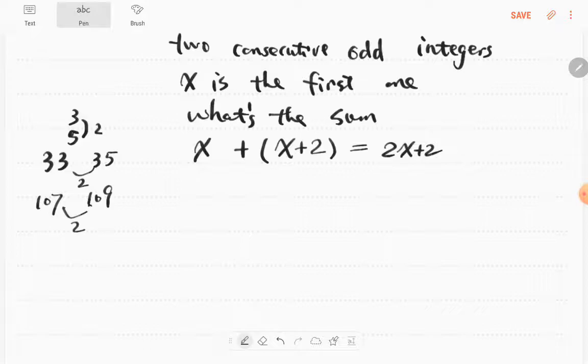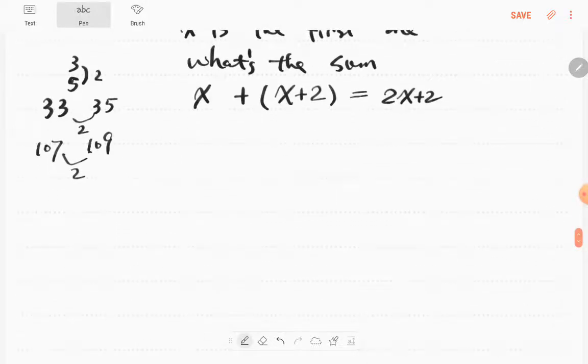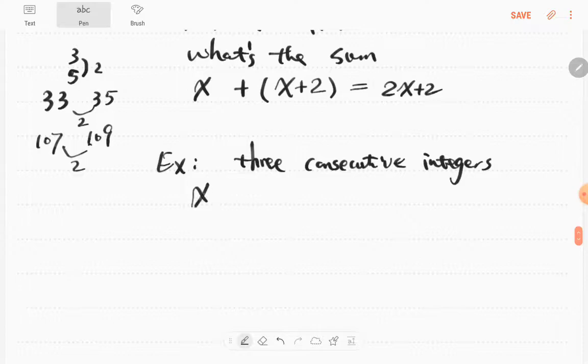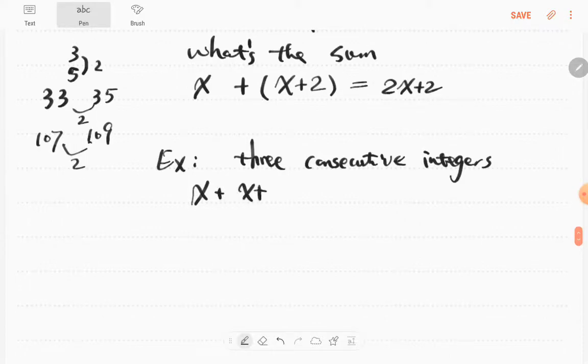So how about two consecutive even numbers? You will see it's just the same, right? So we have this conclusion. If 3 consecutive integers, if the first one is x, then the second one will be x plus 1.